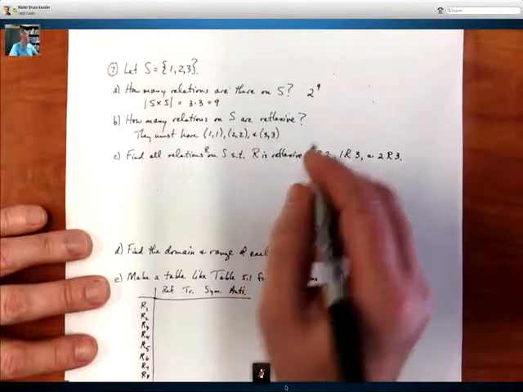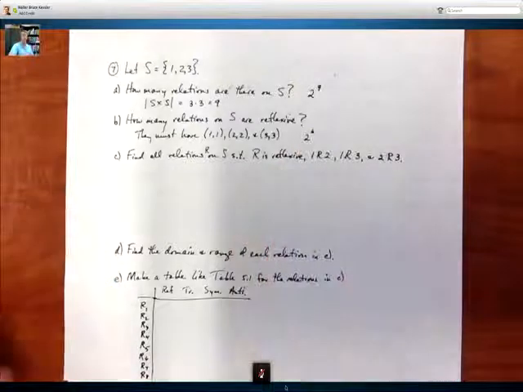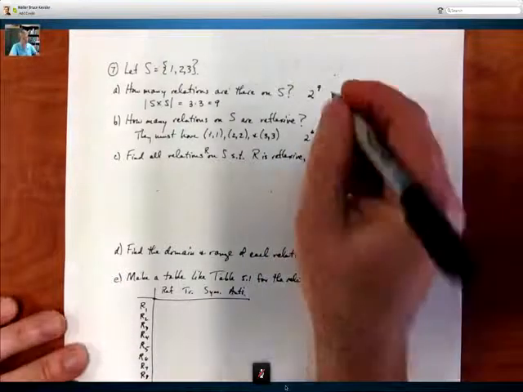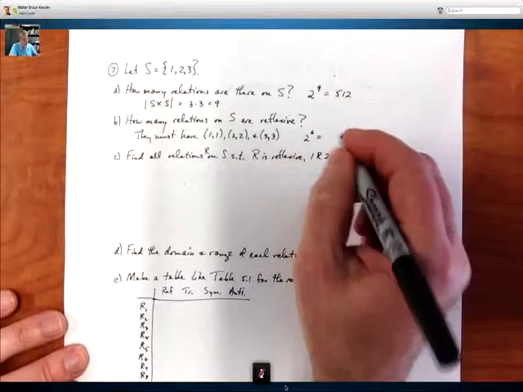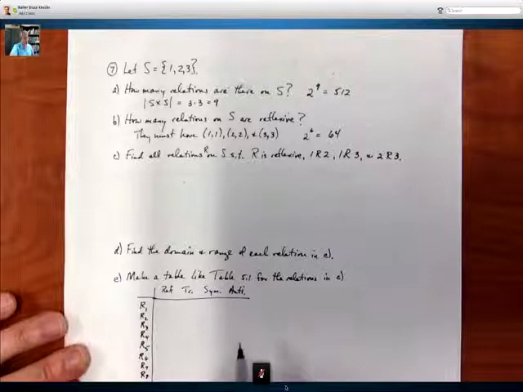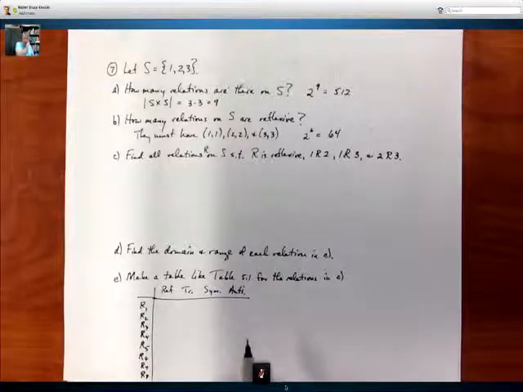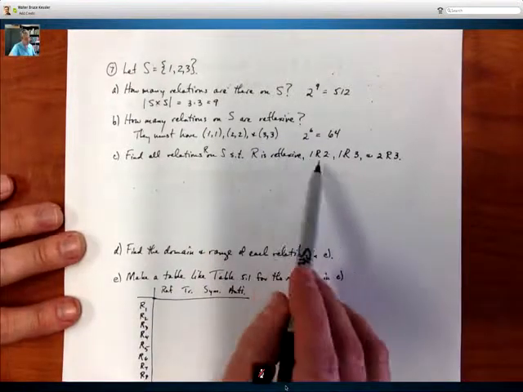So that leaves us with 6 things floating around, and each one of those has a choice of being in there or not. So 2 to the 6. I think this is 512, and I believe this is 64. There we go.